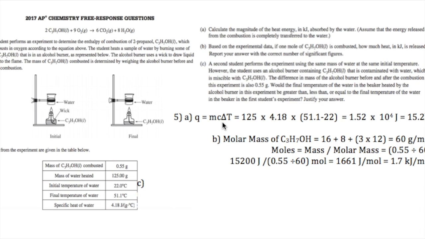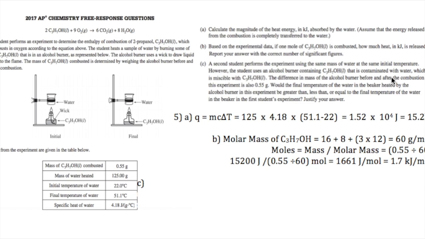Justify your answer. So, before giving you any answers, I'm just going to go through it logically with you guys. So, first of all, we can see that they both have the same mass, but one of them is contaminated with water, which means that the one contaminated with water, for it to have the same mass as the one which is not contaminated and contains 100% C3H7OH, must mean that the mass of C3H7OH in the contaminated one has to be smaller, logically.